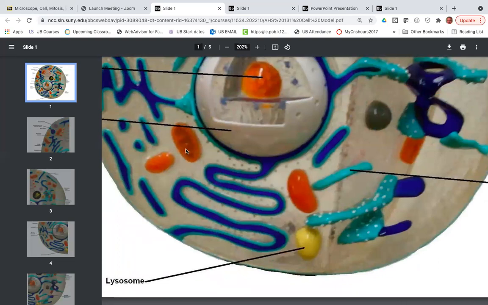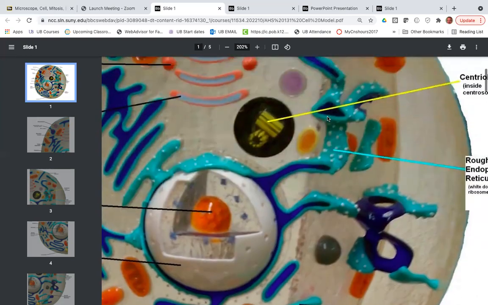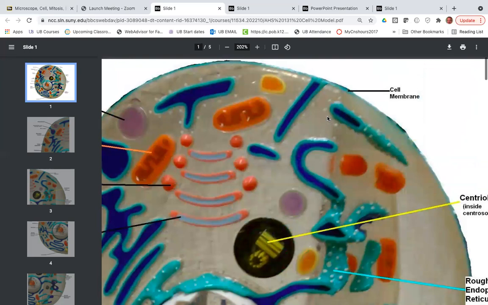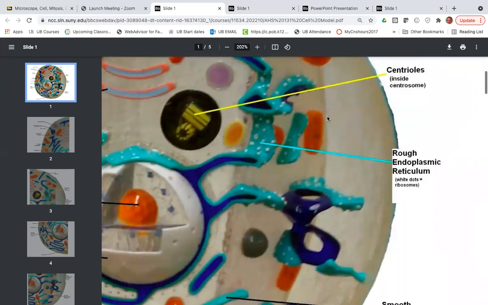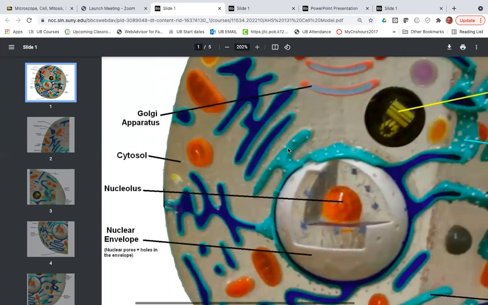The orange here are mitochondria. This is the mitochondria cut, and this is the mitochondria whole. This allows you to see the matrix within the mitochondria. The gray is the peroxisome that's right here. I think we covered them on this one.